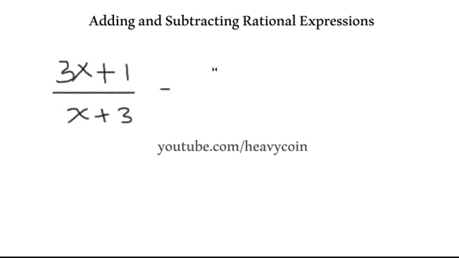minus x minus 4 over 3x minus 4. Alright, so we want to get a common denominator. So we want to write x plus 3 on this side and 3x minus 4 over here on this side.